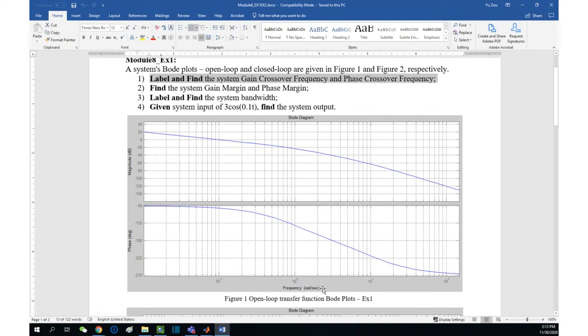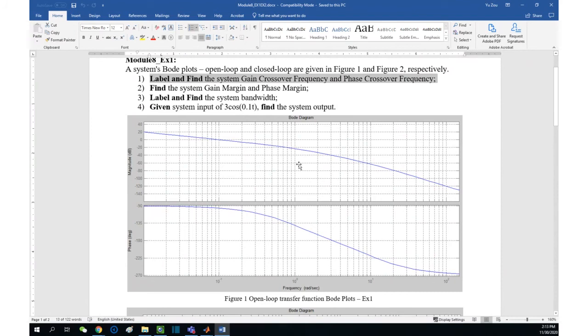It's not hertz, but radian per second. So when you read omega PC and omega GC, you are using radian per second as well. But if the generated Bode plots are in hertz, you're using hertz. So you need to be carefully reading the given units. Does it make sense?